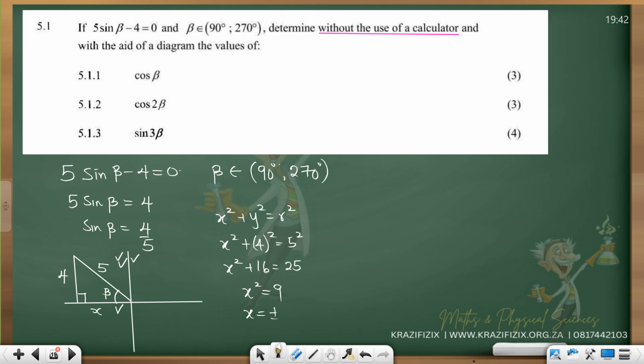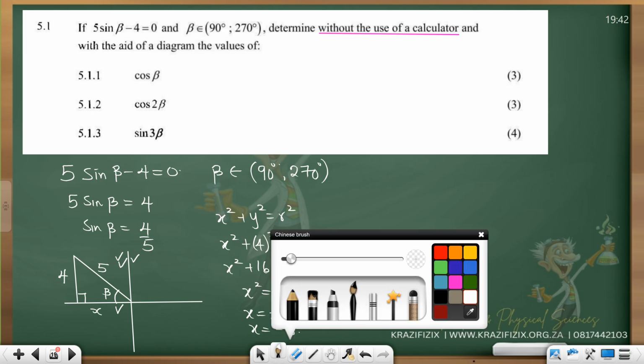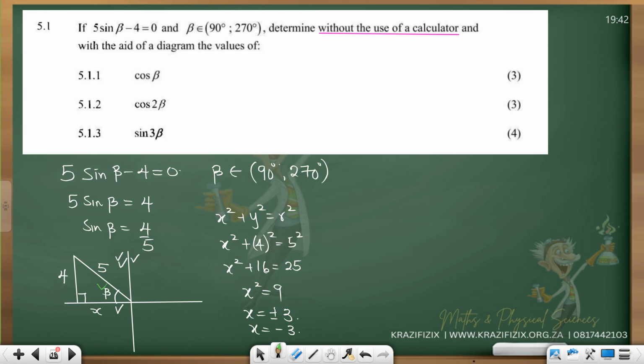Plus minus 3. Now you look at the graph. It's on the left-hand side. So we are choosing what? Negative 3. Please take note. There is a mark for the quadrant and there's a mark for the X. That's why that question is 3 marks.